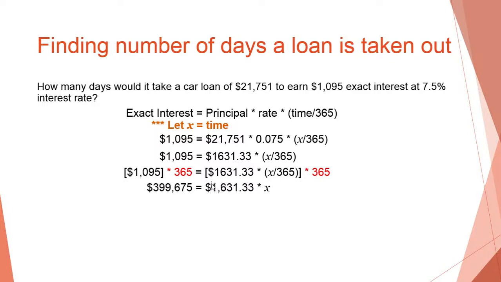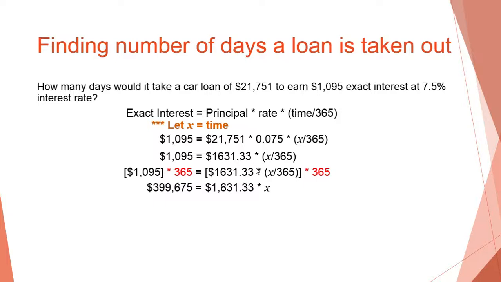So when we do that, the left side gets 399,675 equals $1,631.33 times x. Keep in mind, you do not multiply the 365 with the $1,631.33, because the goal was to get rid of the 365.